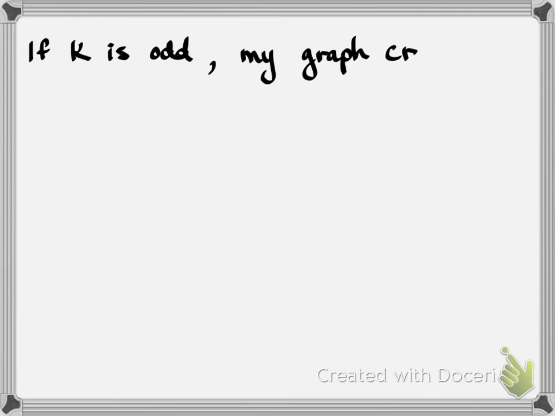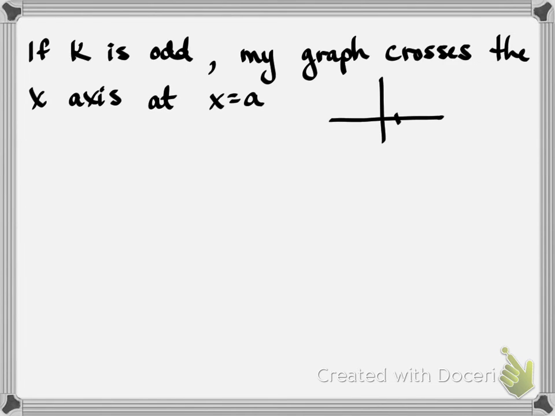So if a multiplicity, if k is odd, so if you have a multiplicity that's an odd number, then my graph crosses the x-axis at that 0, at x equals a. So right then we just had x equals 3 as my last example.